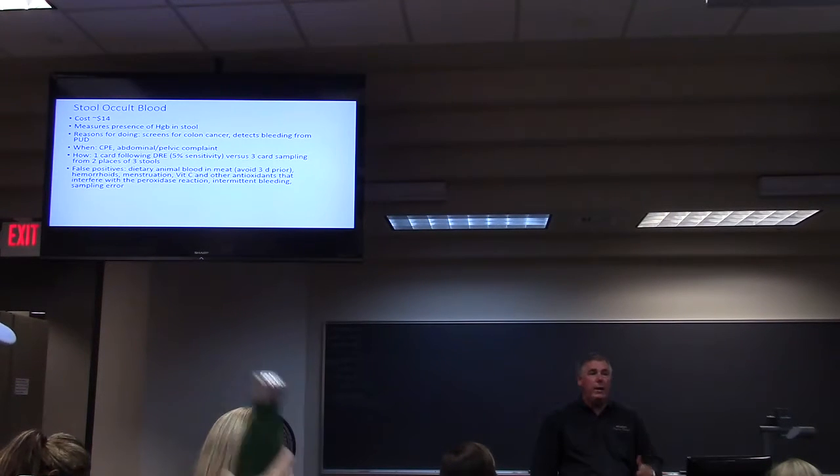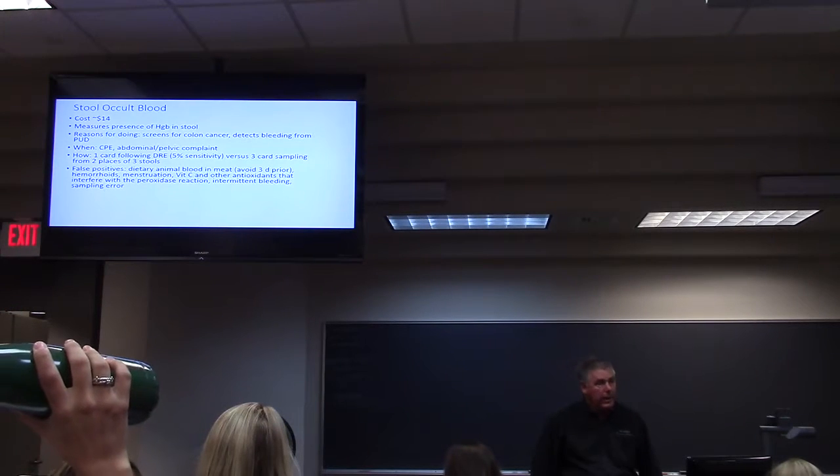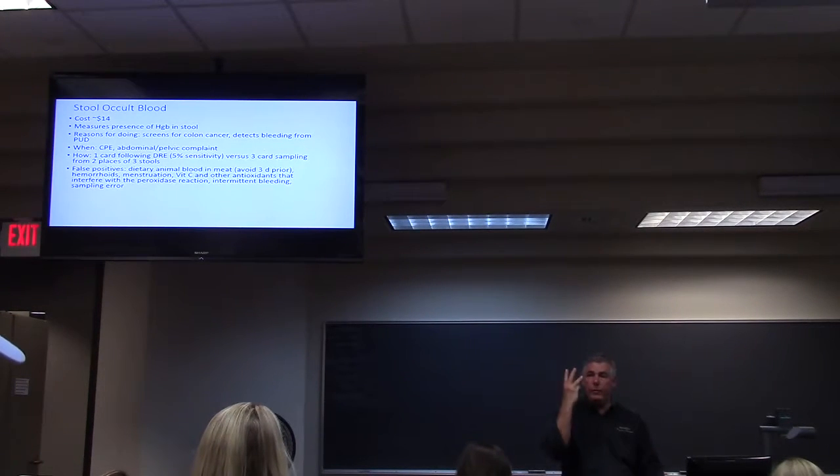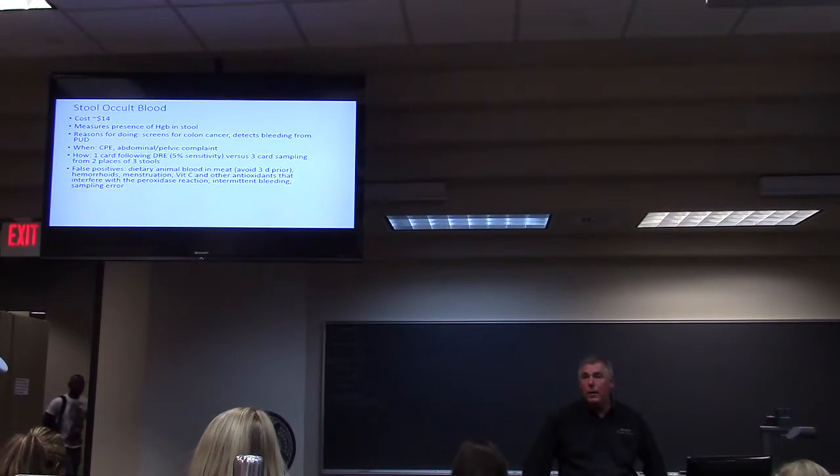The only way you get reimbursed for hemoccult is if you do a 3-card test and you send the patient home and they bring it back to the laboratory for analysis. One thing you need to keep in mind about a hemoccult or guaiac test, it does not work on vomit.